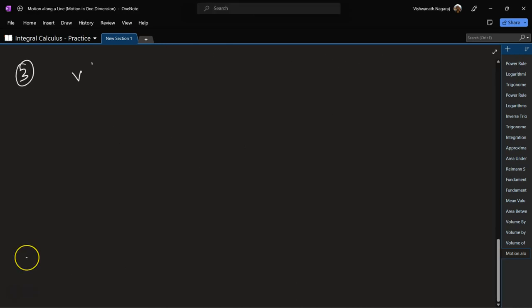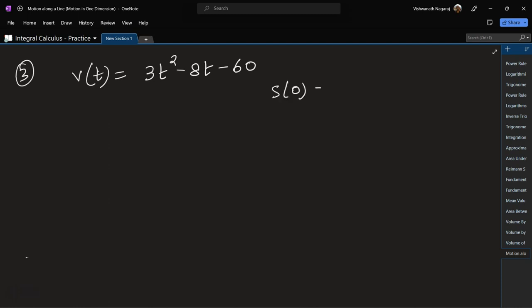Third one, v of t is equal to 3t square minus 8t minus 60, and s of 0 is equal to 0.